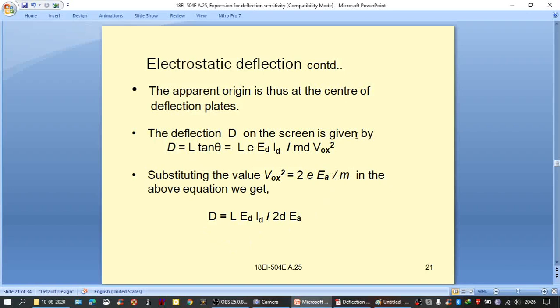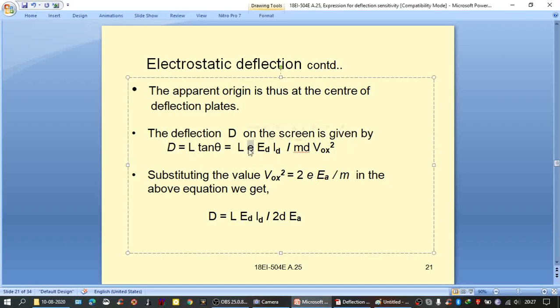When M comes in the numerator, M gets cancelled out with the denominator part M here, and E in the denominator gets cancelled out with the E in the numerator part here. So E and M get cancelled out, and the left out terms are 2Ea in the denominator along with d.